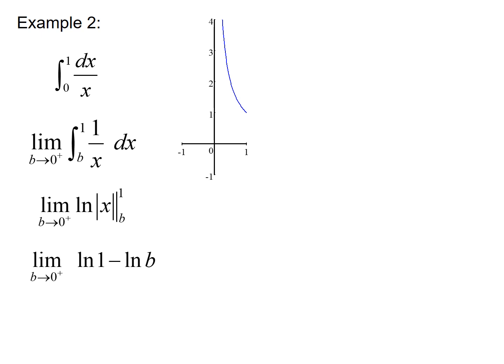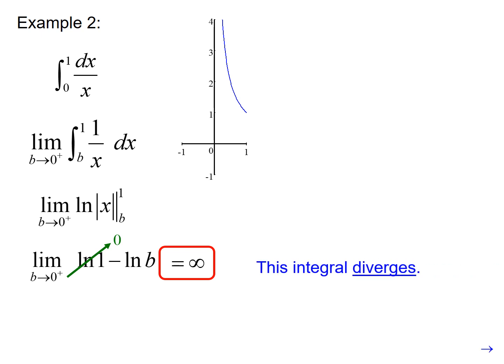Natural log as we approach 0 from the right-hand side is approaching negative infinity. So we have 0 minus negative infinity, which is infinity. So it turns out the area bounded from 0 to 1 of 1 over x is infinite. In this case, we say that the integral diverges. So if the area underneath is unbounded, getting larger and larger, we say that it diverges.